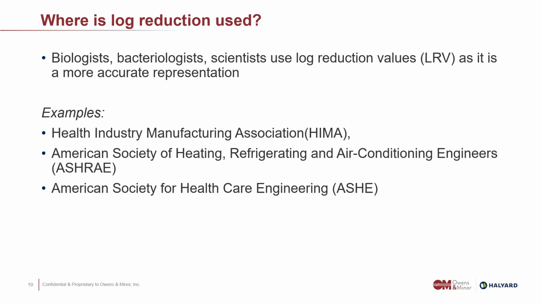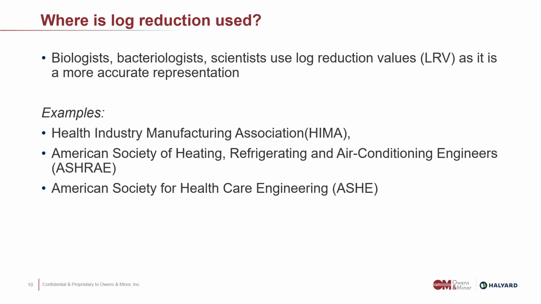So log reduction is really counting the number of bacteria that are still present or that have been filtered out. Biologists, bacteriologists, scientists, they are talking in LRV, or log reduction values, because it is more accurate, as that is what you've seen in the two previous slides.